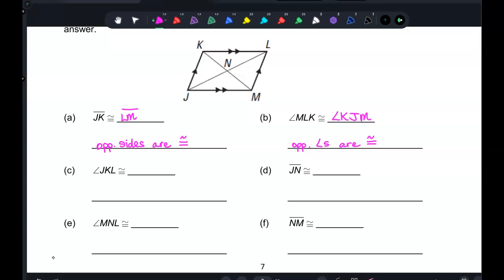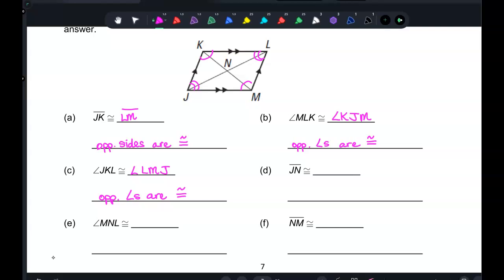Okay, angle JKL is congruent to LMJ. Same reason: opposite angles are congruent. Here and here and here and here. Oh, that's so much easier.